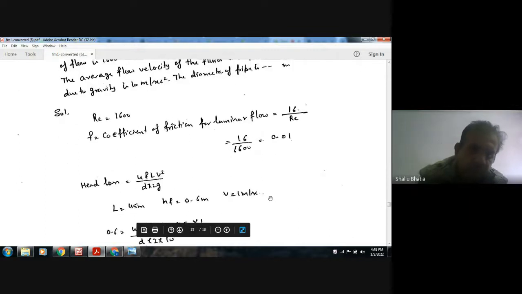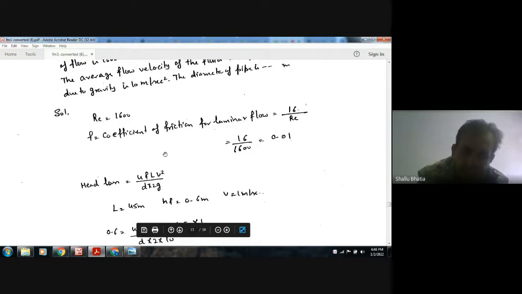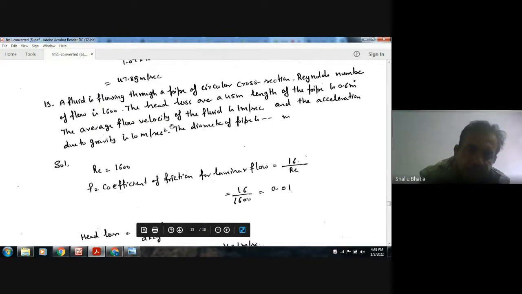So head loss will be 4 f L v square by d into 2g. Here f is 0.01, head loss is 0.6 meter, L is 45 meter and velocity is 1 meter per second, and g is there.